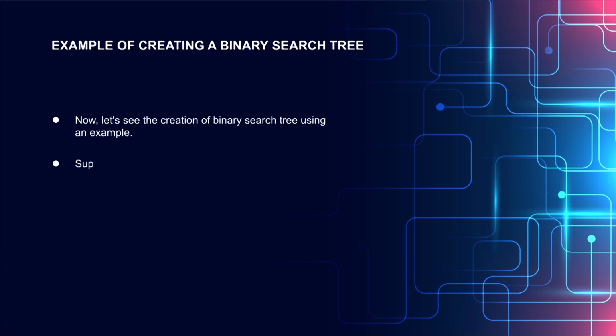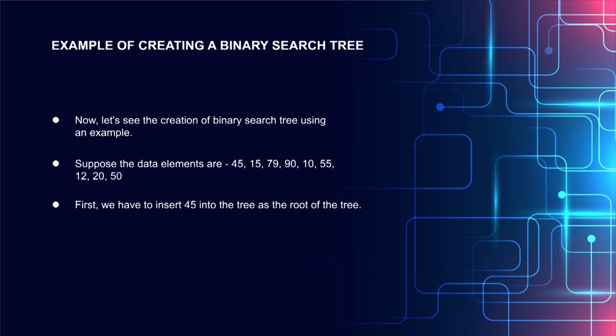We take some elements like 45, 15, 79, 90, 10, 55, 12, 20 and 50. First, we have to insert 45 into the tree. Initially, the tree is completely empty. The first element we fetch will become the root node of that tree. So, here the first element is 45, and 45 will become the root node of the tree. Then we go for the next element.